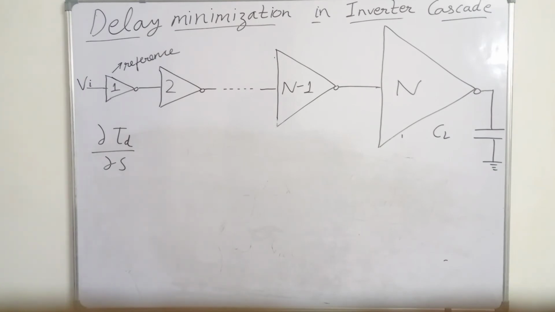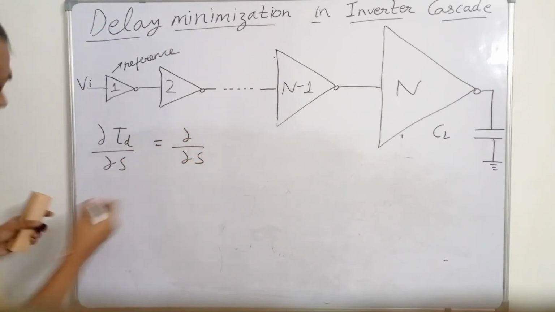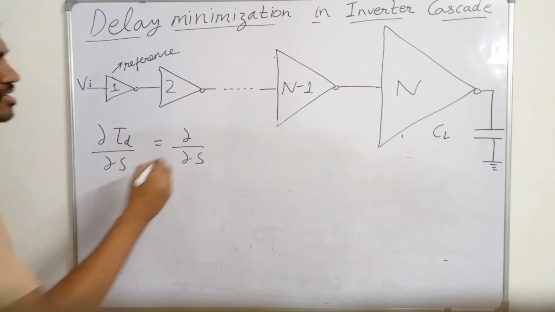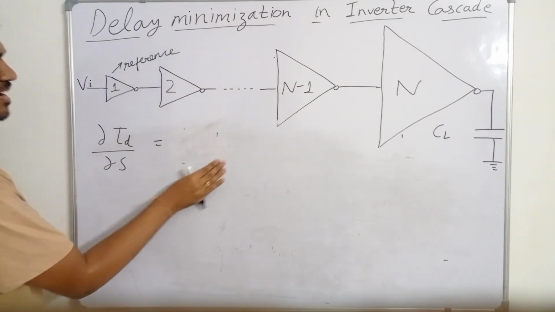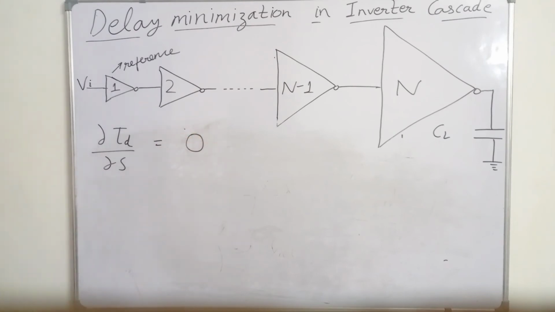So we have to find the partial derivative of this time delay with respect to S. This will be equal to delta upon delta S of S upon ln of S, because all others are constants, and we equate it to 0 to find the minimum value.